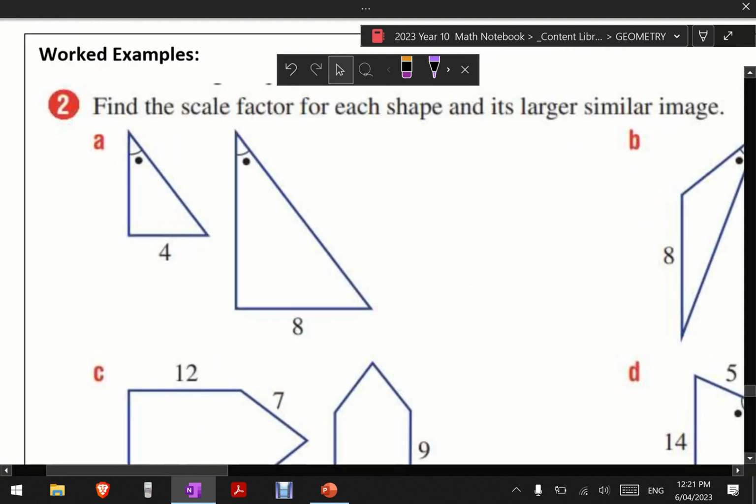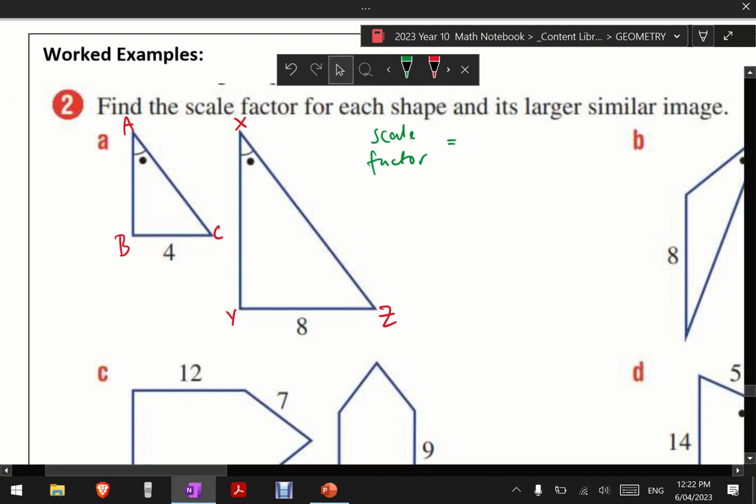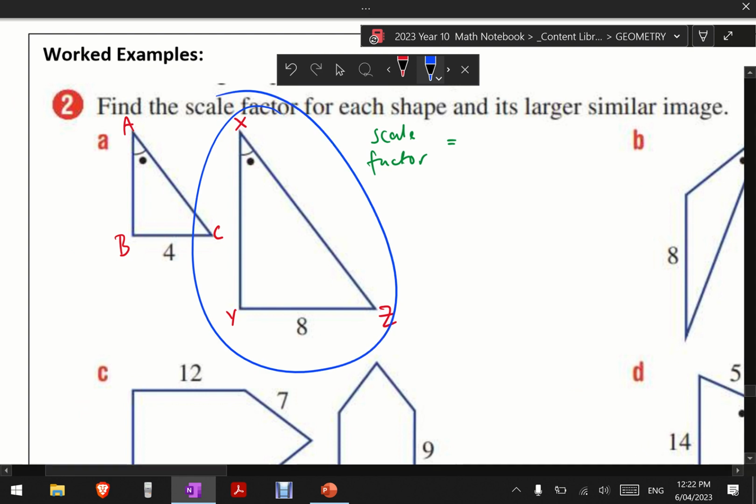So for the first triangle, let's just call this triangle A, B, C. And I'm going to be fancy here. Let's call this one X, Y, Z, just because I can. Okay, so let's find the scale factor for this. Use the scale factor formula. For finding the scale factor in these sorts of questions, I'm just going to always assume that the second shape is always the new shape.